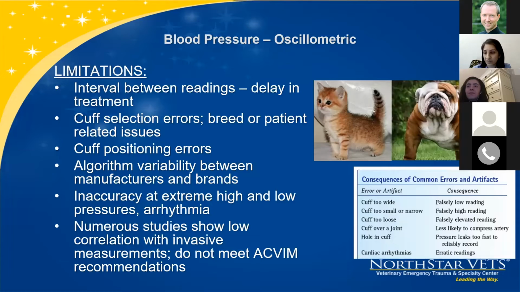Many recent studies that test different oscillometric units don't often meet the requirements for the ACVIM recommendations as far as how well they correlate with invasive blood pressures. So they try to test these out and get some kind of a standard. Some of them pass this test, some of them don't. It really is difficult to find consistent units that tend to work well.